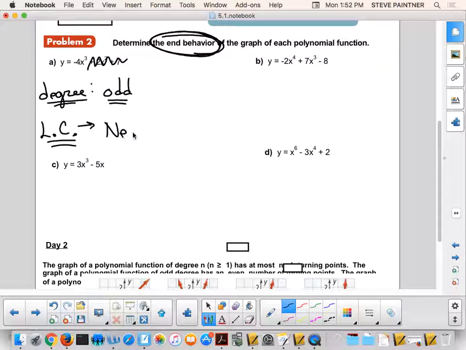So here's what you have. An odd function acts like a line this way or a line this way. Because your leading coefficient is negative, you're going to say a line that goes downhill. I think of slope: negative slope goes downhill, positive slope goes uphill. So up on the left, down on the right.